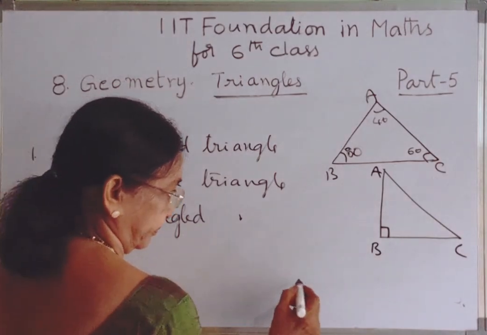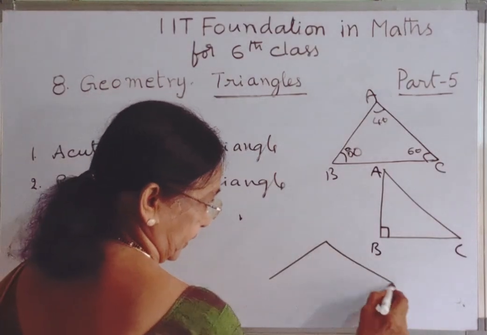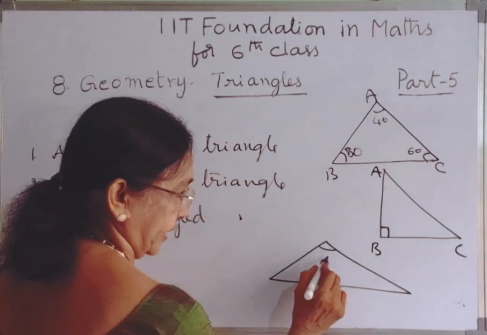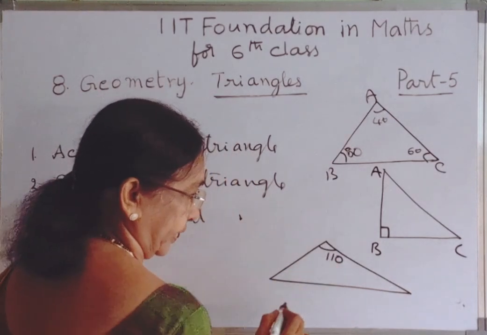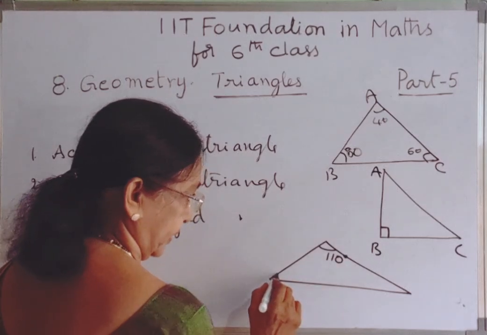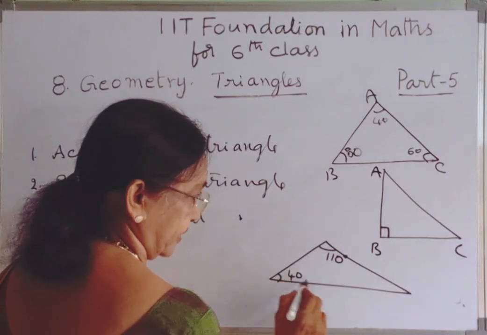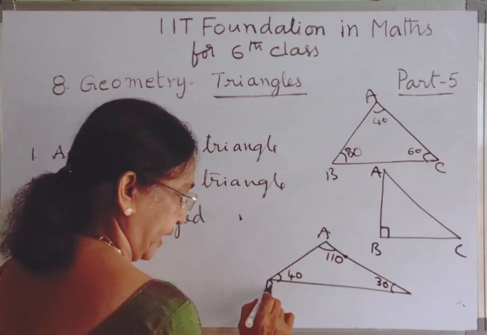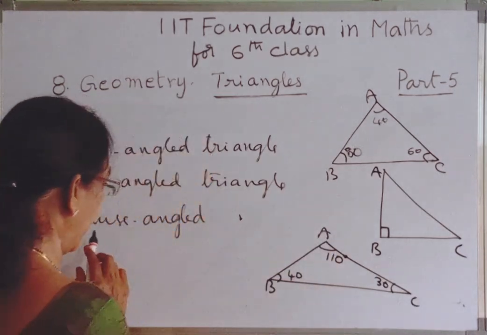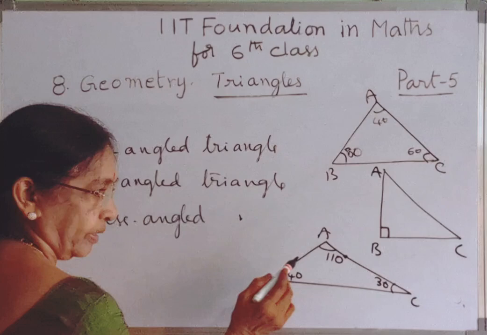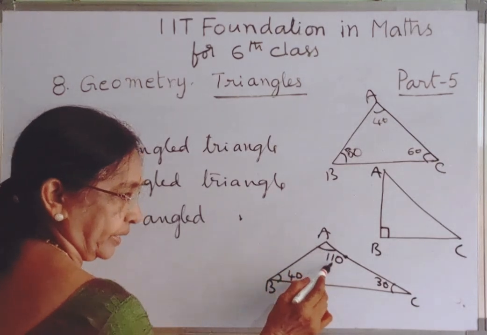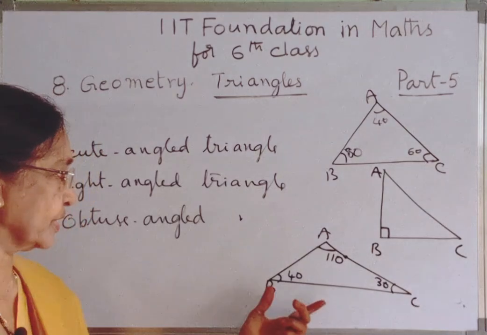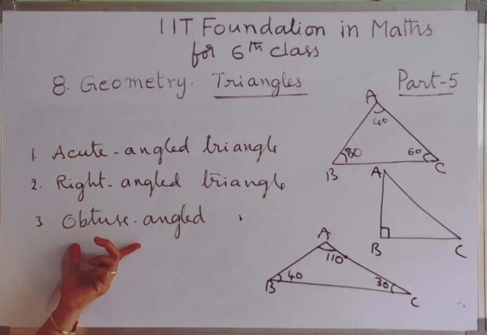For example, here this is greater than 90 degrees, let it be 110 degrees, and this may be 40 degrees, and this may be 30 degrees. So triangle ABC is an obtuse angled triangle. Here the angle A is an obtuse angle and the other two are acute angles. Therefore this triangle is called an obtuse angled triangle.